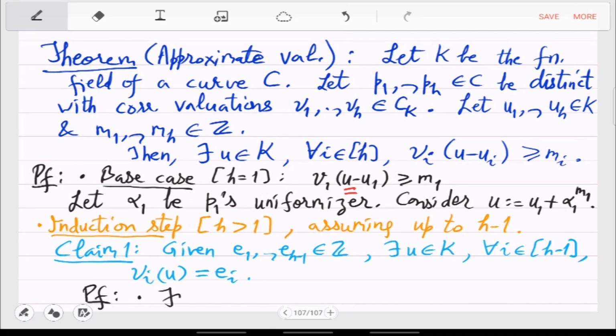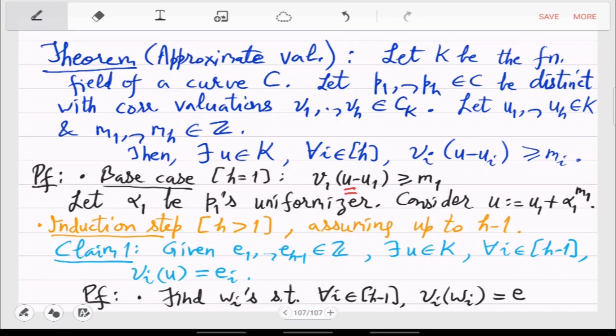So here is the proof. Find Wi's such that for these H minus 1 i's, Vi of Wi is equal to Ei.